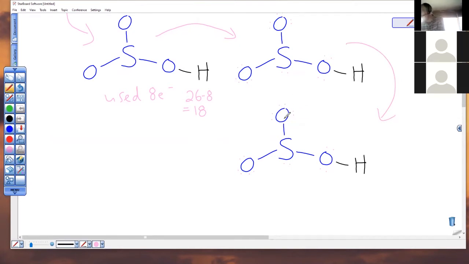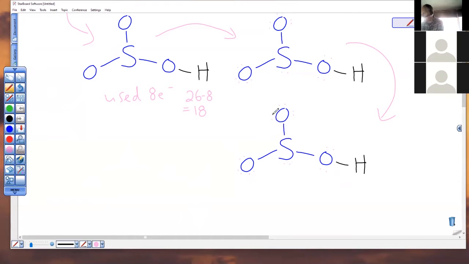Oxygen's formal charge. Formal charge is electron ownership compared to the atom on the periodic table. Oxygen on the periodic table in group 6, Roman numeral VI, owns 6 valence electrons. This oxygen owns 7. Let me explain why.